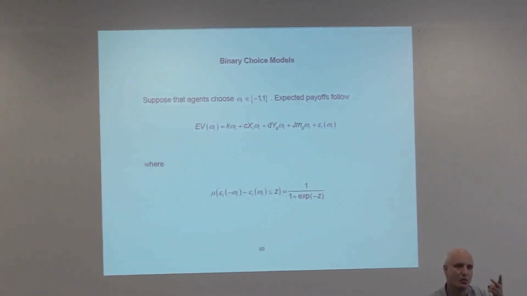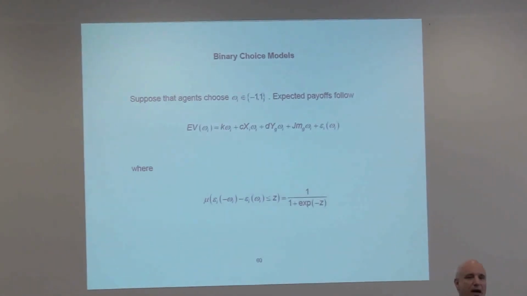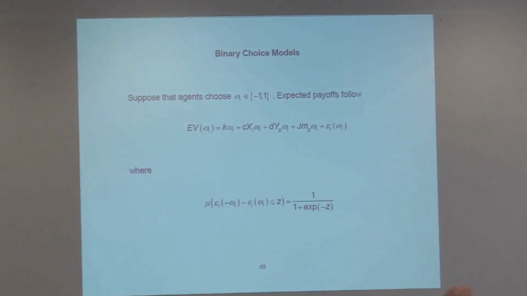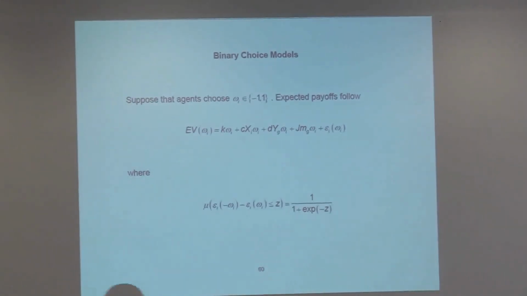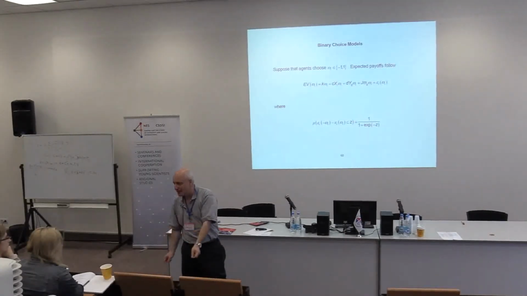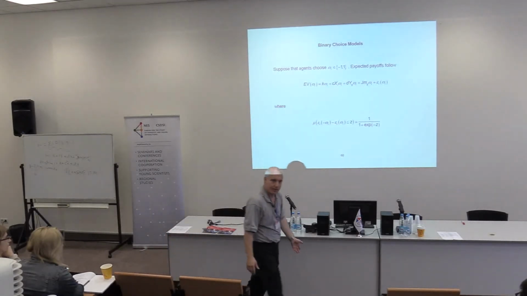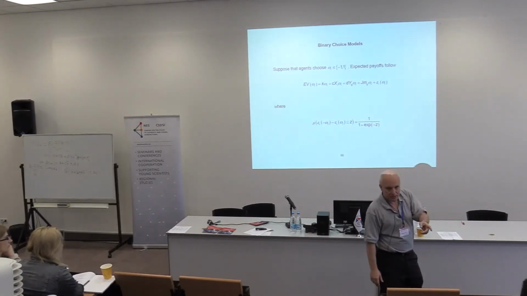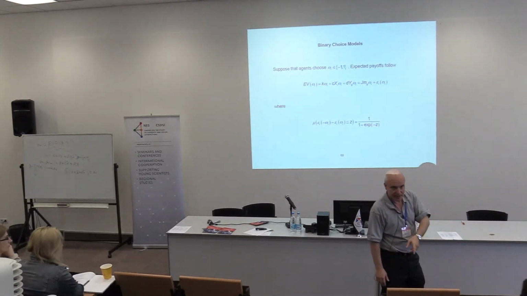I know my x's, I know the y's for my group, and I know my idiosyncratic payoff. That's the behavioral problem. It was a good question, thank you. For the econometrician, I don't know the epsilons. What I assume as the econometrician is I know the density of the epsilons. That's the logit assumption. Okay? And so all this is doing is, again, respecting that there are aspects of individuals that I, as the modeler, can't see.